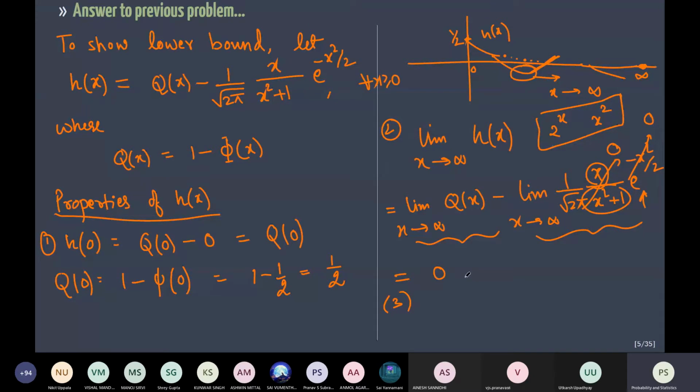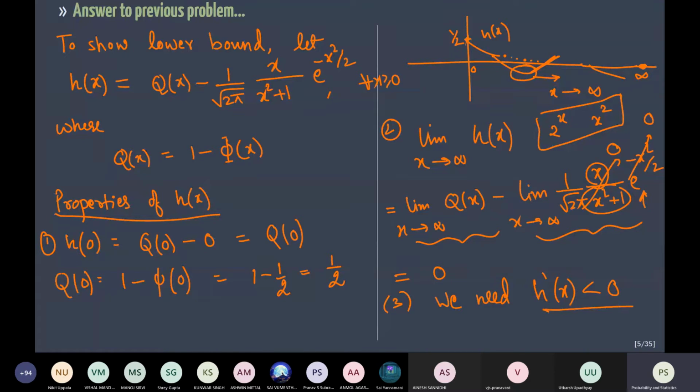So next we need h prime x, the slope, to be always negative. It never goes down and then up. So if we could prove that it is negative, right?